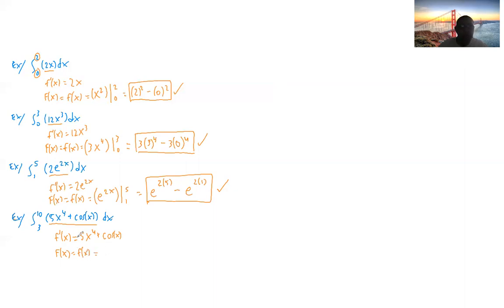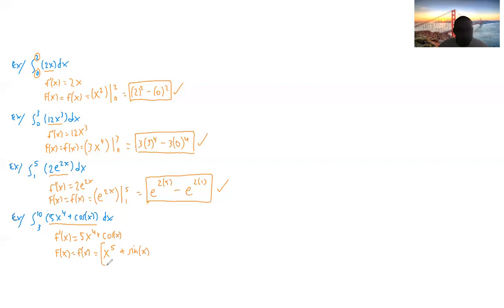And we said that that was going to be the antiderivative of the first term, 5x to the 4th, which was just x to the 5th, plus the antiderivative of cosine of x, which was sine of x, right? Because the derivative of sine is cosine.